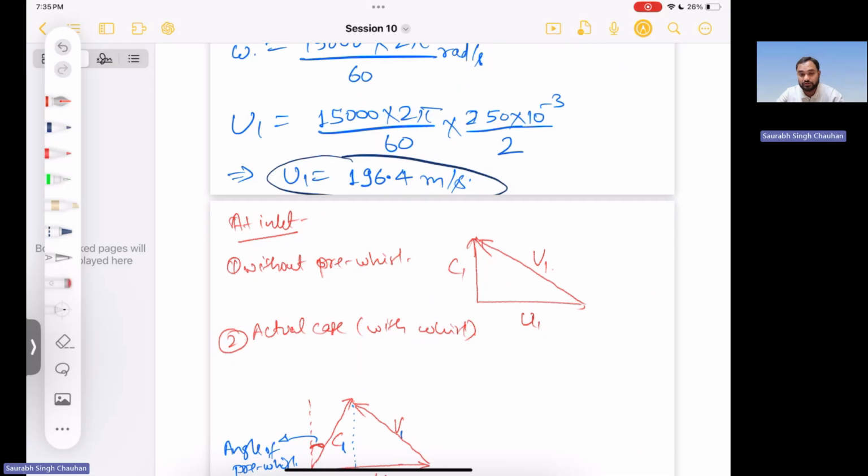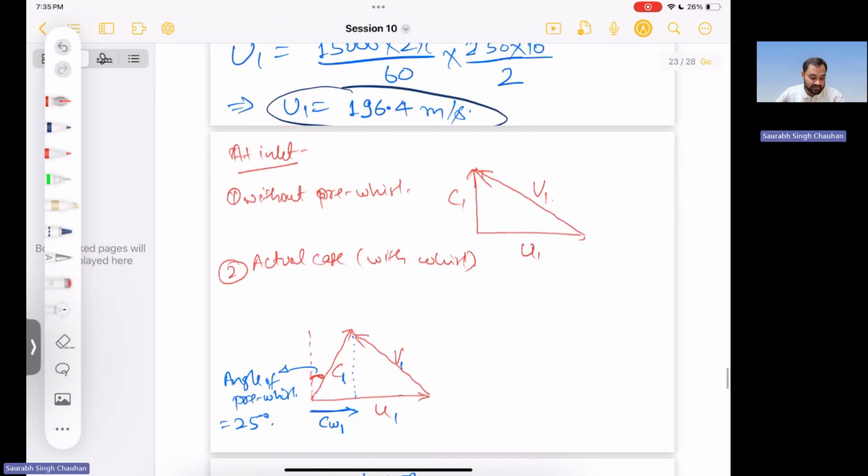The relative velocity vector is along the blade, tangent to the blade. And U, the tangential velocity, is basically the blade tip velocity, given by angular velocity times radius. I hope this is clear.